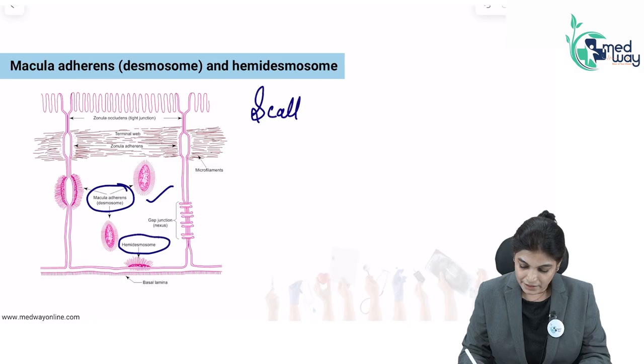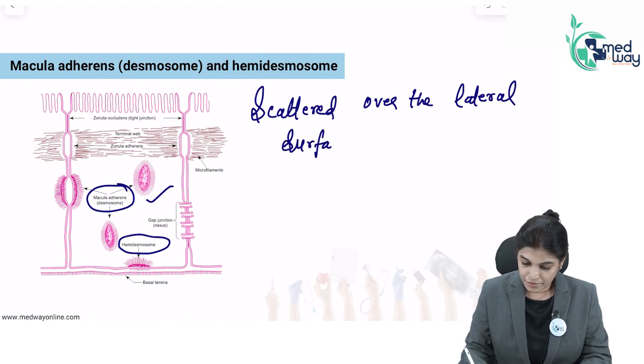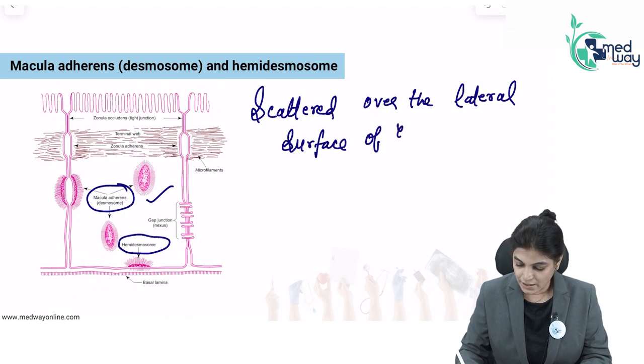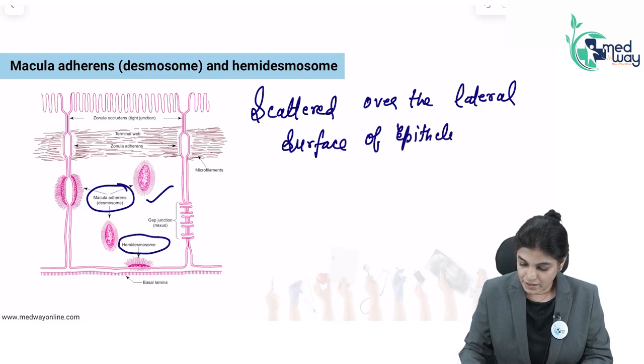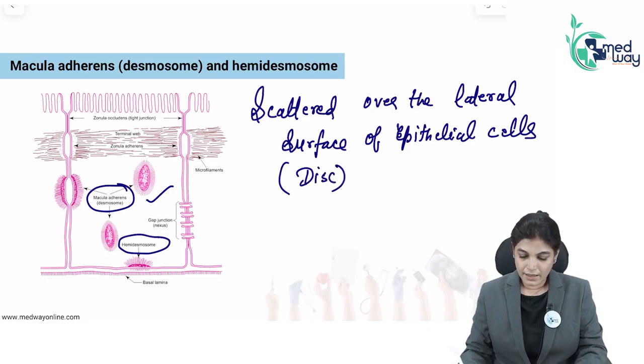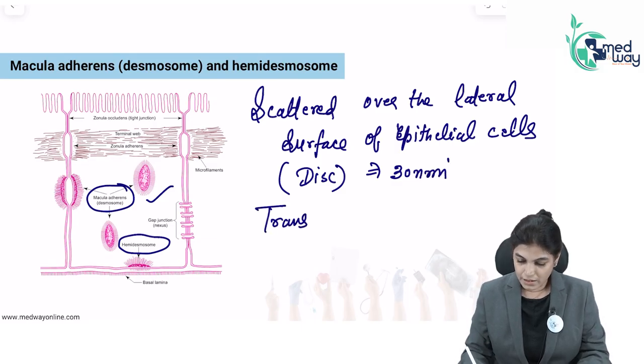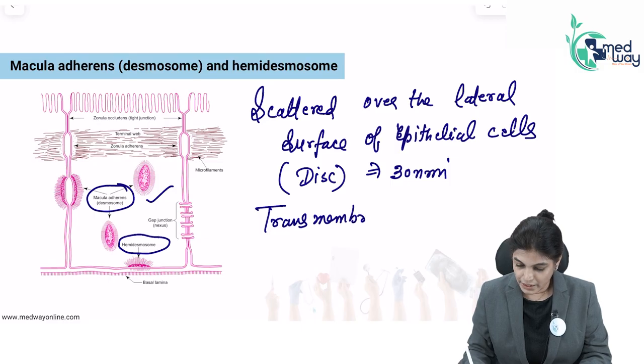So, write down about macula adherens, that is desmosomes and hemidesmosomes. It is scattered over the lateral surface of epithelial cells in the form of a disc, and it has a gap of 30 nanometers, with transmembrane protein embedded in it.